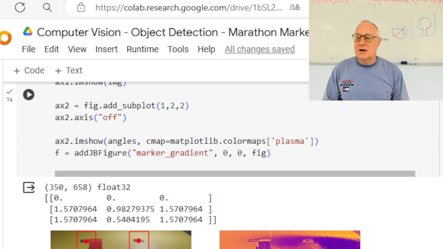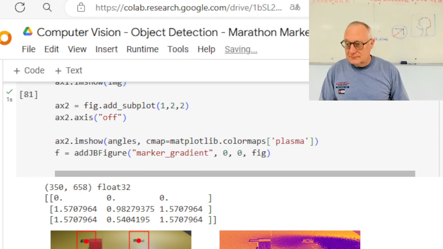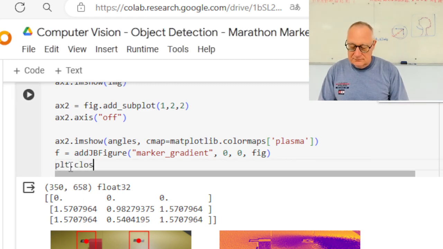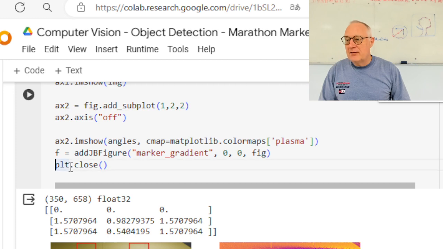So now I have the marker. Now what? I mean, now I have the gradient.